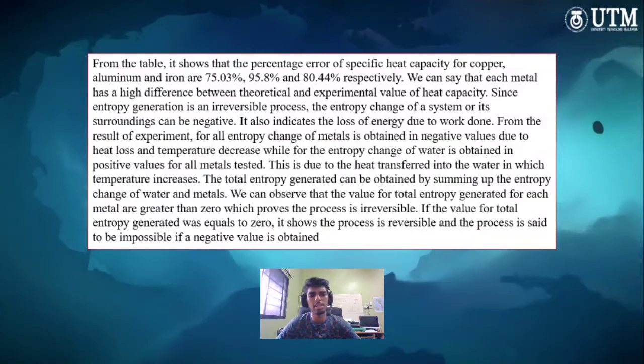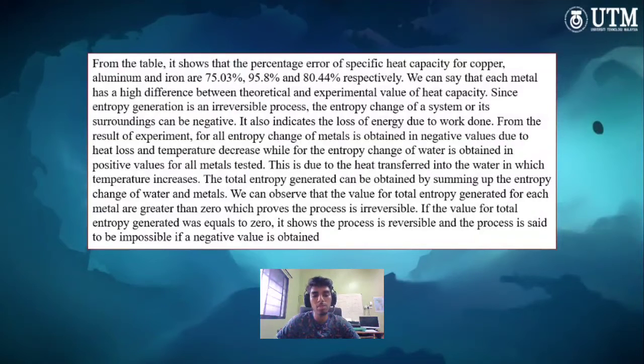So since entropy generation is an irreversible process, the entropy change of a system or its surroundings can be a negative value. So it can also indicate the loss of energy due to work done. From the results of the experiment, the entropy change of all metals is obtained in negative values due to the heat loss and the temperature decrease.